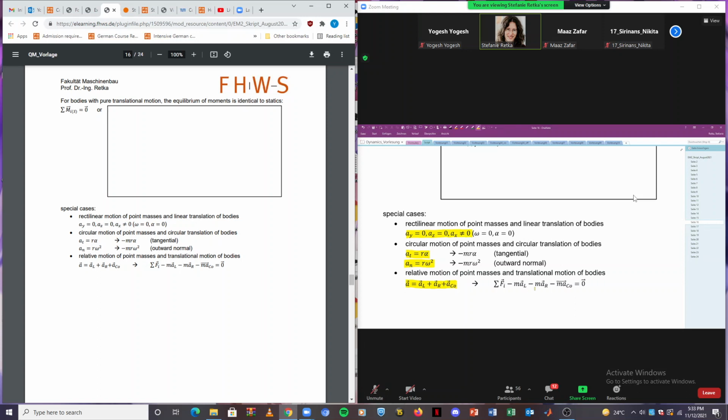And then in the dynamic equilibrium condition, there would be 3 inertial forces. One acting opposite to the leading acceleration, the second one opposite to the relative acceleration, and the third one opposite to Coriolis acceleration.